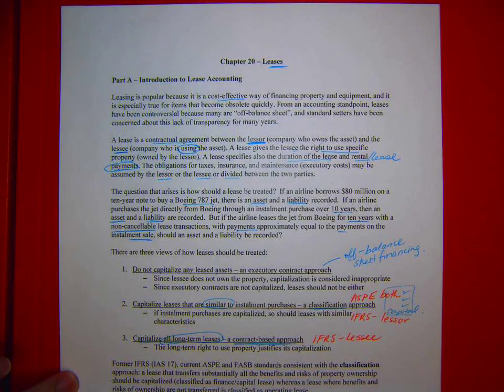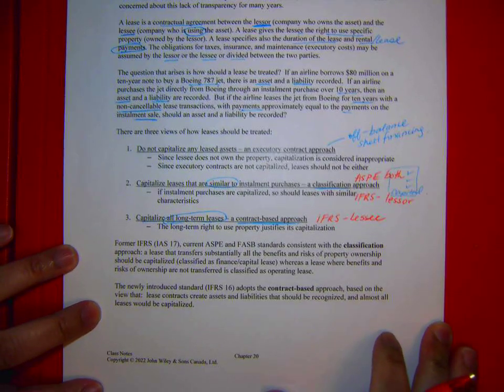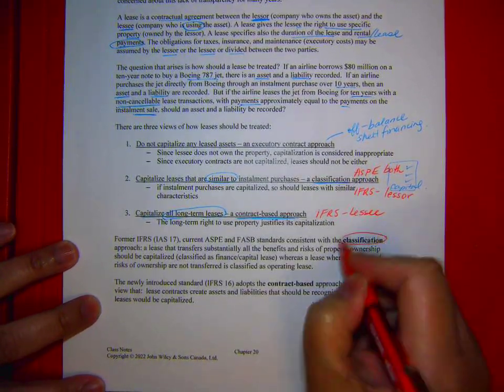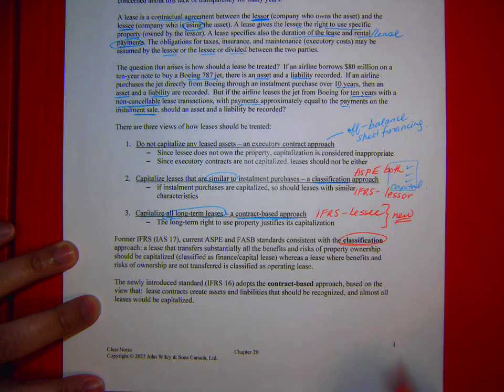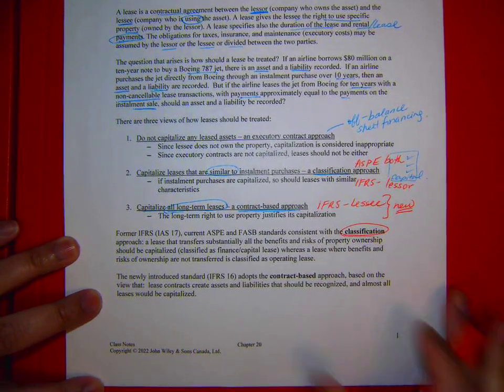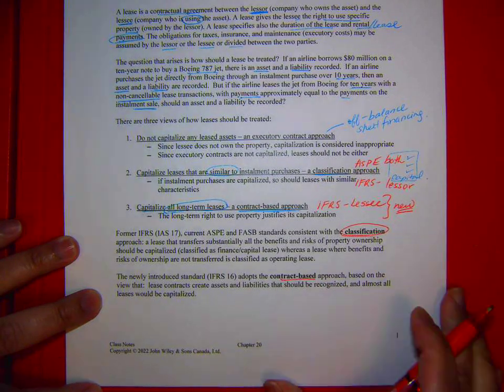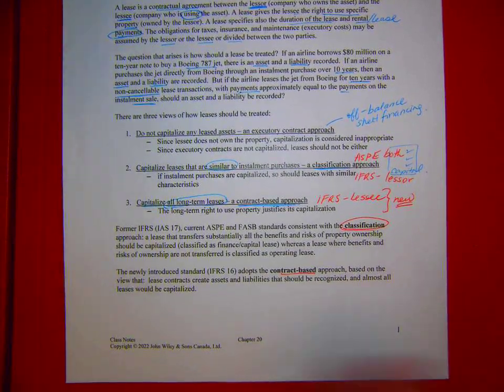In the past, just so you know, everybody went with classification, but this is new for IFRS in the last 5 years, and it's all contract based. I think what they're trying to do, I know what they're trying to do, is standardize it.